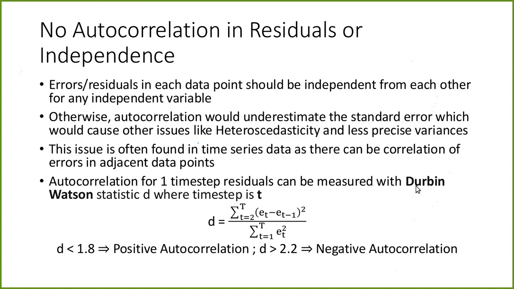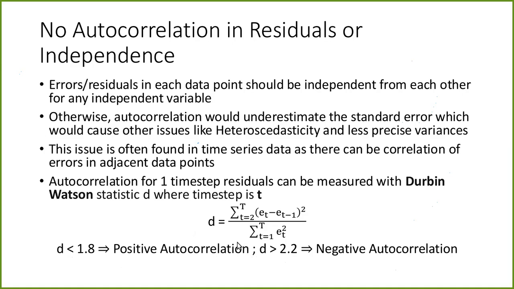So you can use the Durbin-Watson statistic, represented by D, right? With this equation, for all the time steps T, it can see whether there's any correlation between the time step T minus 1 and T, right? If there's no correlation, this D value should be between 1.8 and 2.2, right? If the D value is lesser than 1.8, there's a positive autocorrelation.